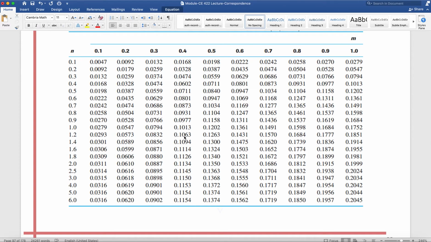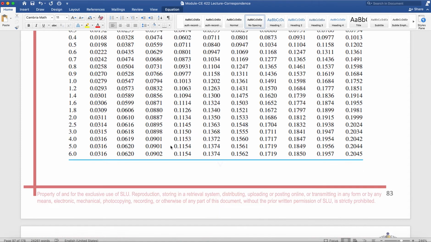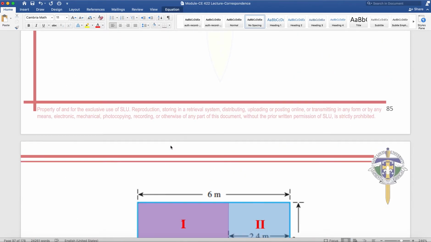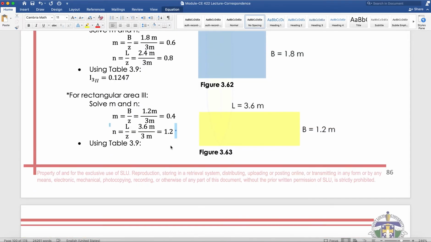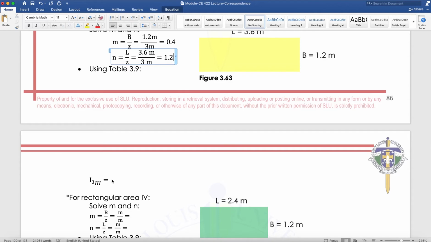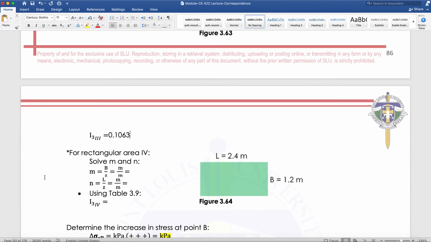Ito, 0.1063. So we have 0.1063. So I3 is 0.1063.